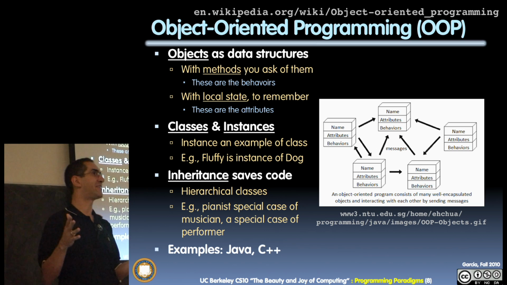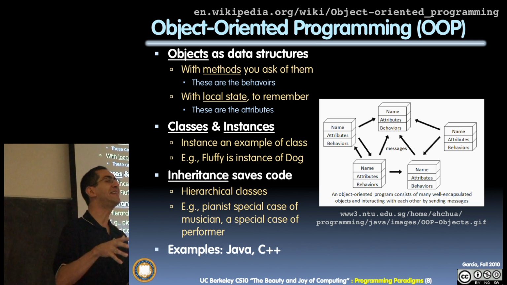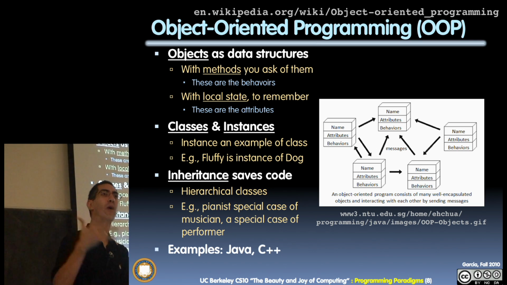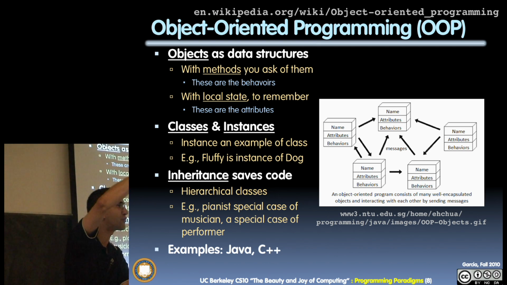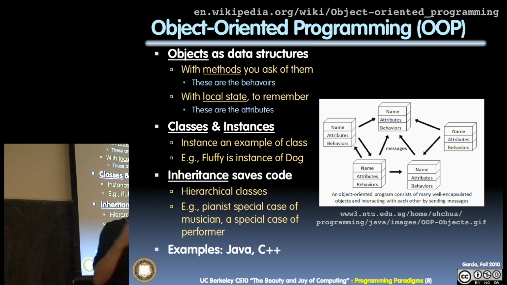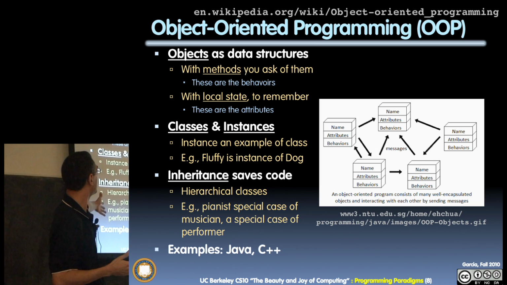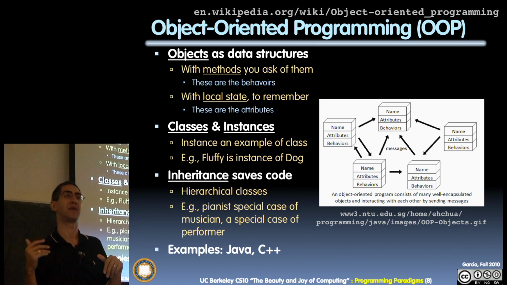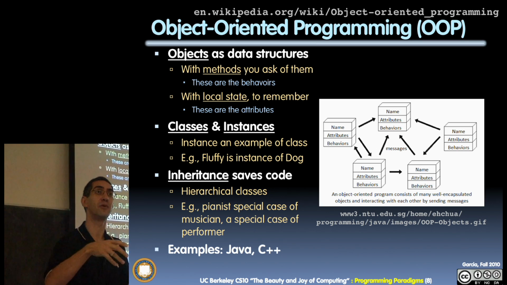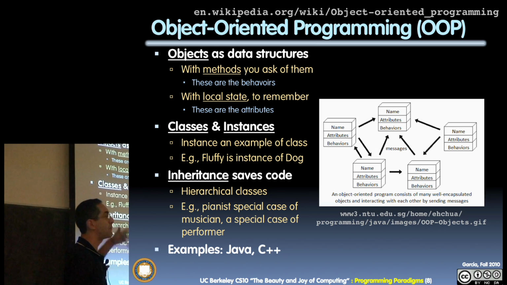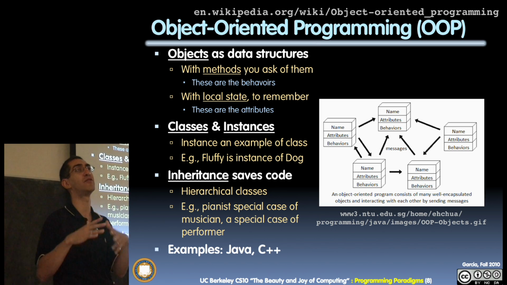There's an idea of inheritance, and inheritance is weird, but it means that objects have a natural way of falling into a hierarchical tree, in which you can think of the army. My example here is, you have a pianist, and the pianist is an object, and you can have a factory that pumps out pianists, right? Or you could say a pianist is actually just a special case of a musician.